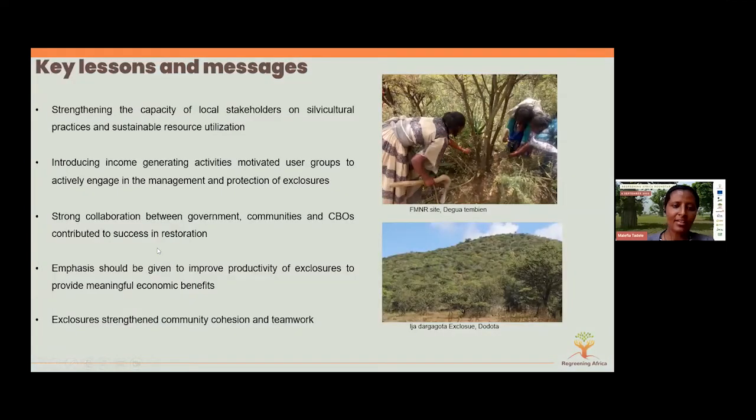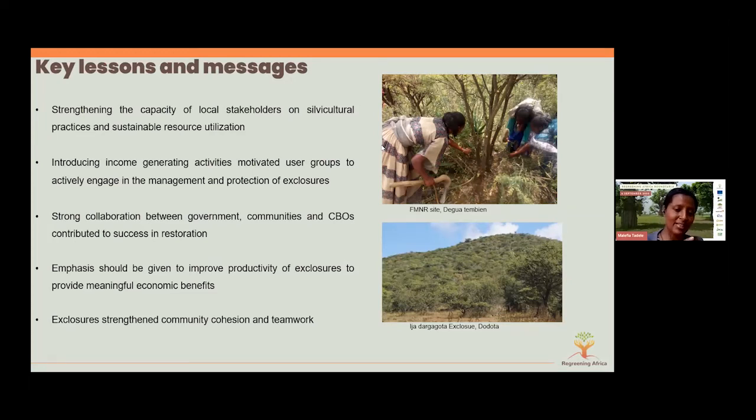The key lessons and messages are, first, strengthening the capacity of local stakeholders on silvicultural practices and sustainable resource utilization is critical to enhance the productivity of these exclosures and to provide meaningful economic benefits to the local community. A strong collaboration between government, community, and community-based organizations also contributed to the success in restoration.